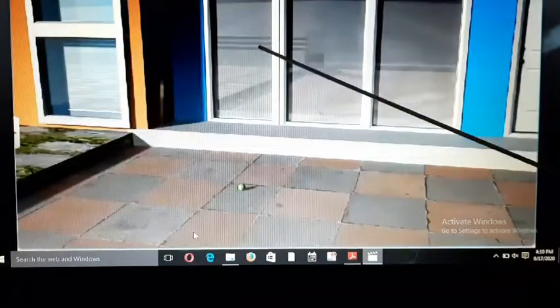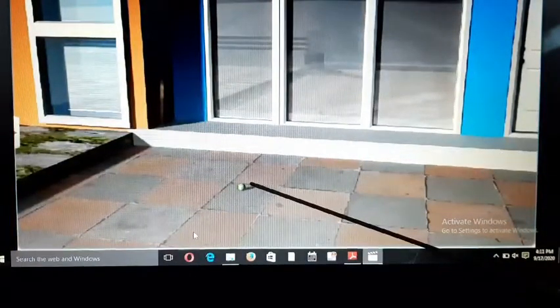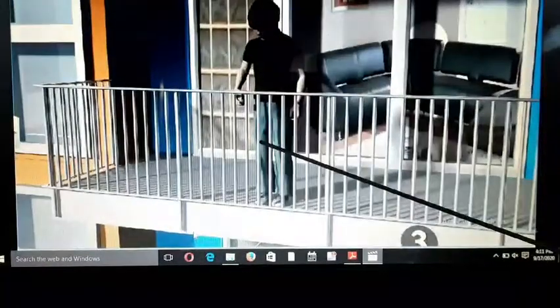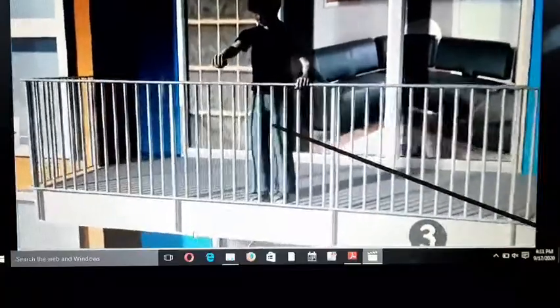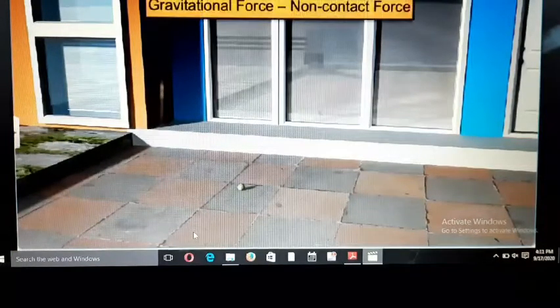But look here. Here the ball is thrown and the ball comes to the floor. So due to gravitational force, it is attracted downward. But here there is no contact between them.